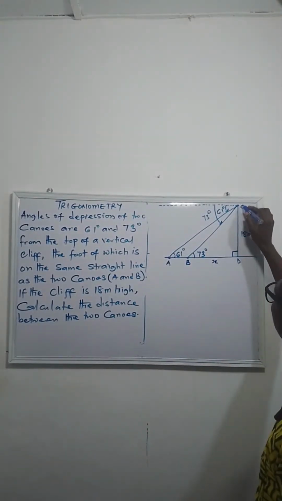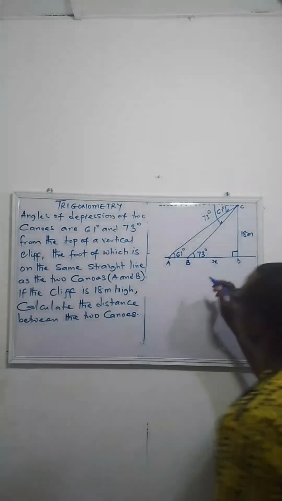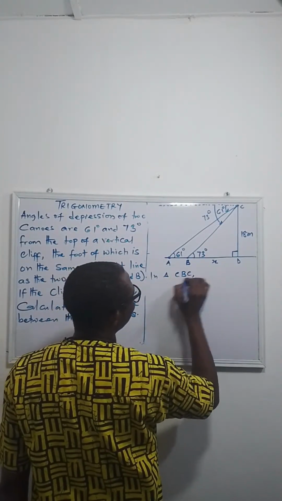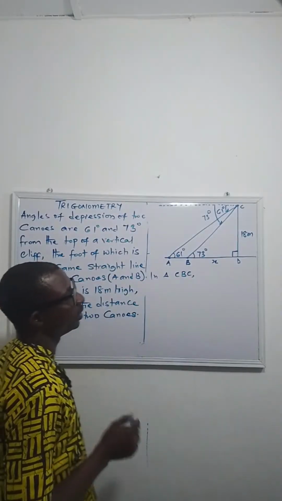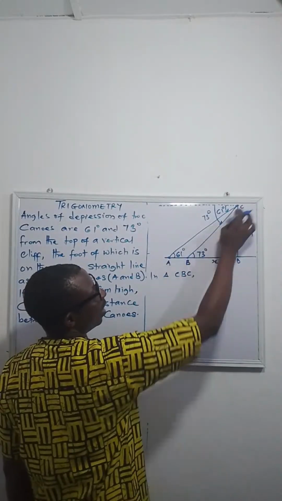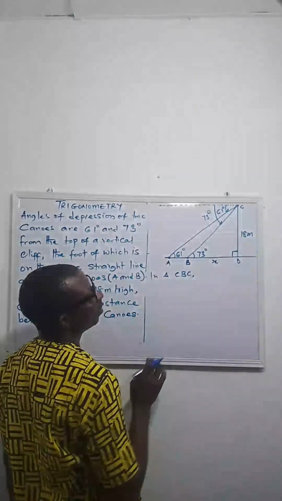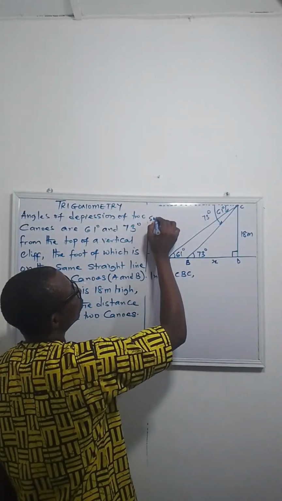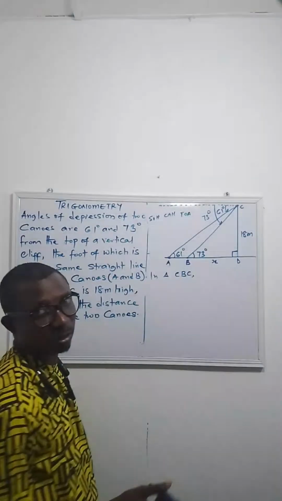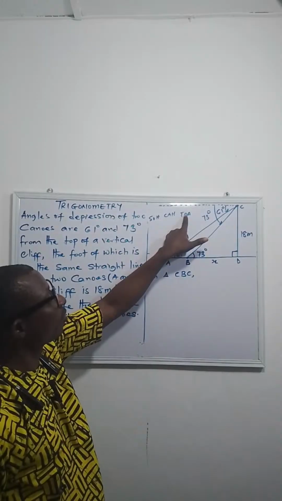All right, so now let's consider triangle CBD. When you look at triangle CBD, this is your opposite, this is your adjacent, and this side here is the hypotenuse. Now making use of your SOHCAHTOA, which trigonometrical function are we going to use? That's going to be tan, where we have opposite and adjacent.